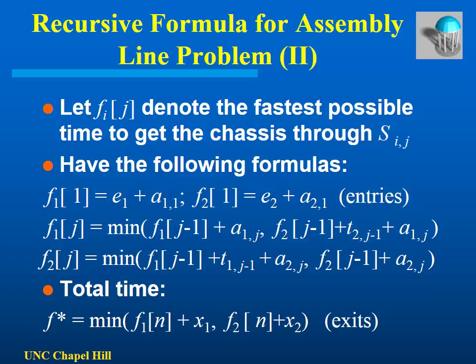State this recursive process mathematically. Let's define f sub i of j to be the fastest possible time to get the object we are manufacturing through the ith line, the jth stage of the ith line.